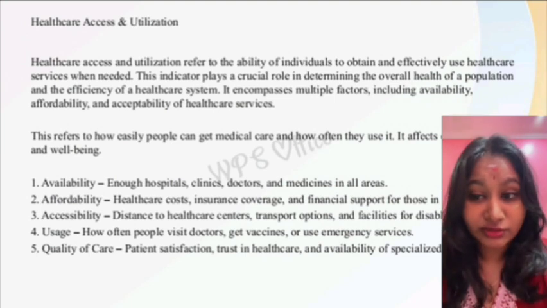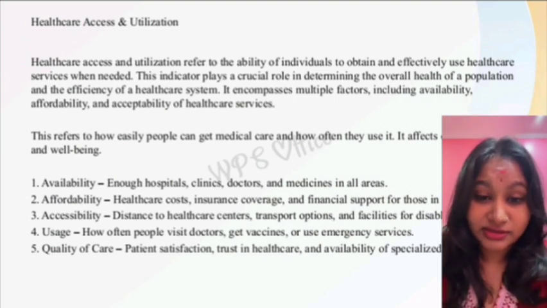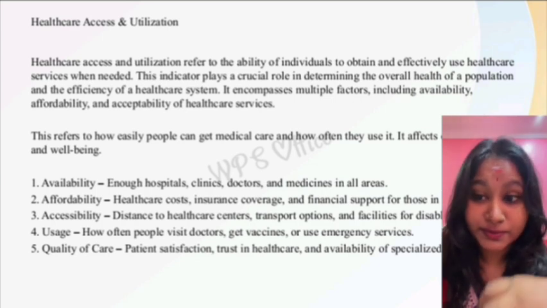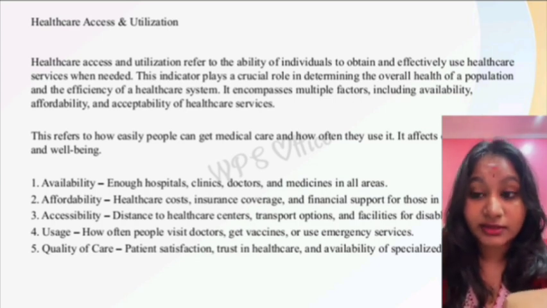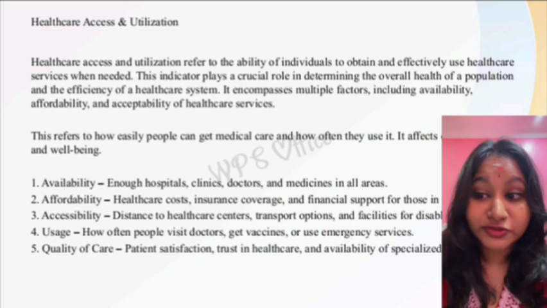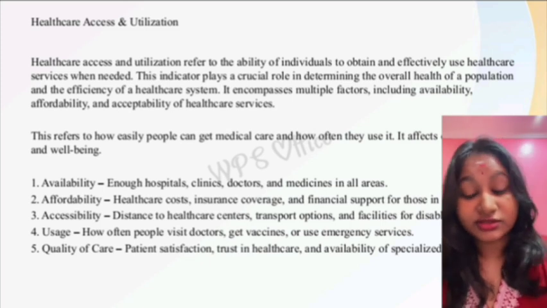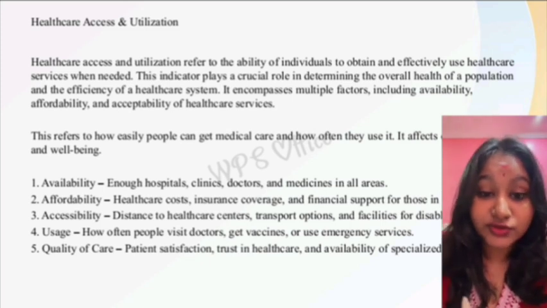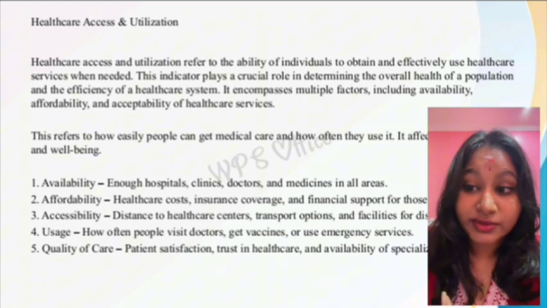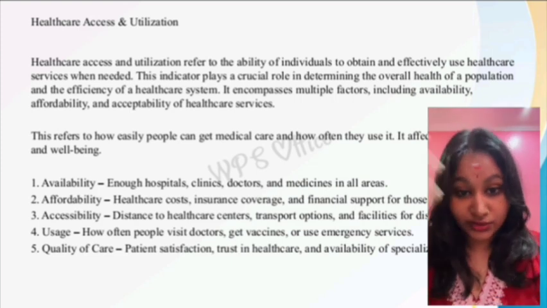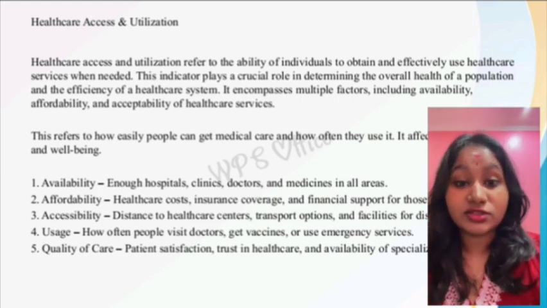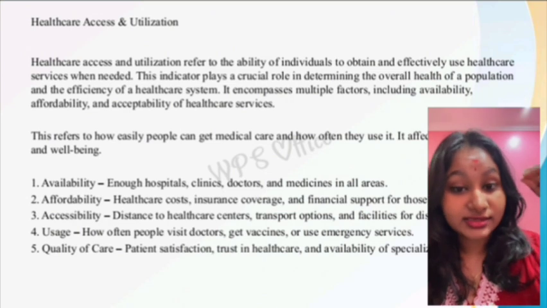For that you need to consult a doctor, get medicine, or maybe even go to the hospital. But what if there's no hospital nearby and the costs are too high, or the doctor is too busy to see you, because there are lots of patients there.